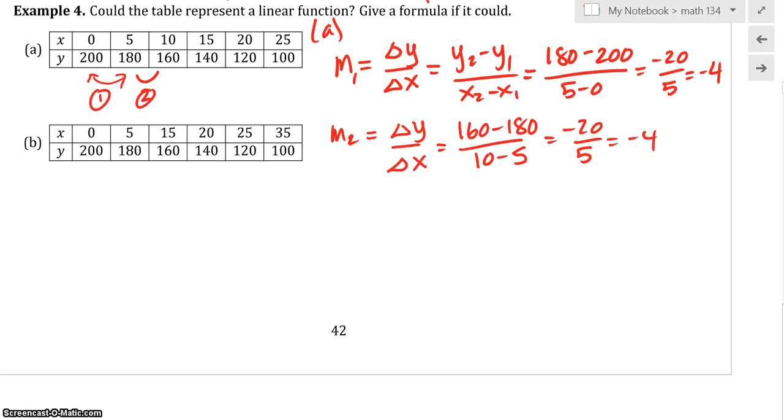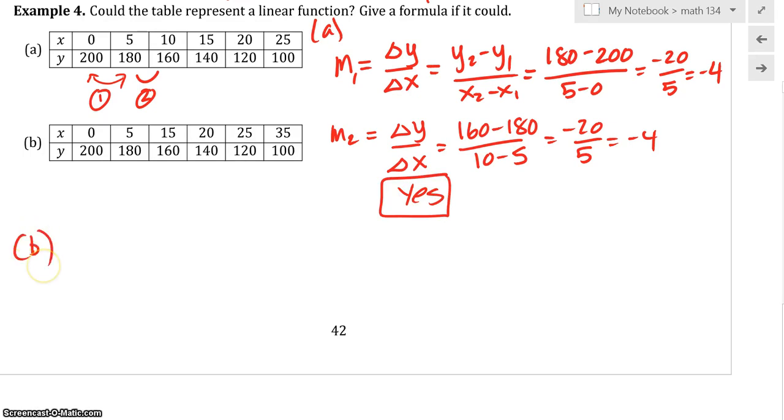In reality, you really need to check every single point, but if you notice, this is always going to be a negative 20. Going down 20, down 20, down 20, down 20, down 20. The bottom is always going to be 5, up 5, up 5, up 5. So yes, part A is yes. It could represent a linear function.